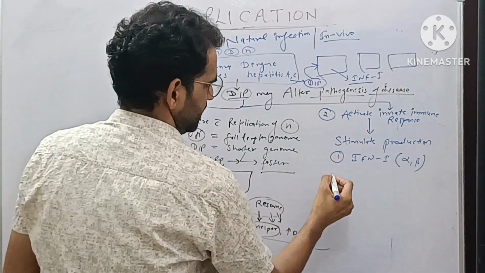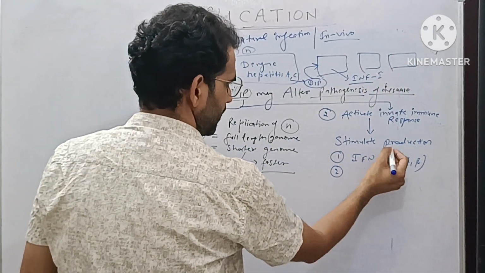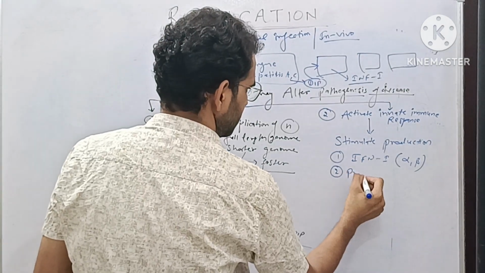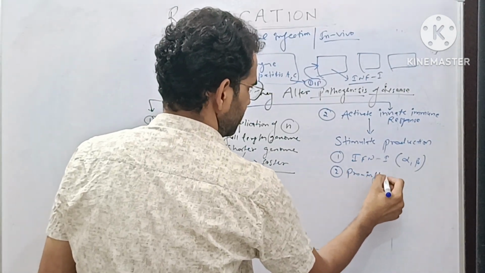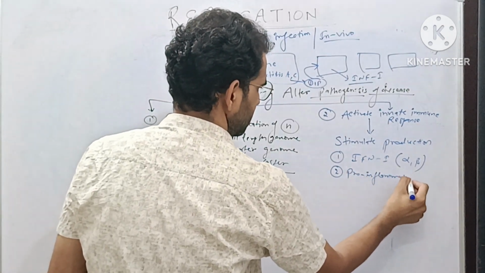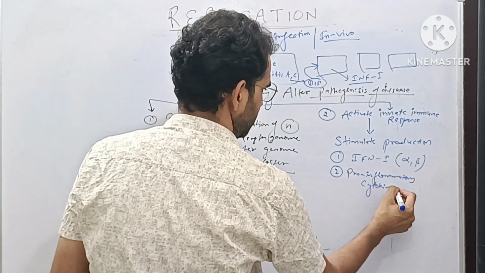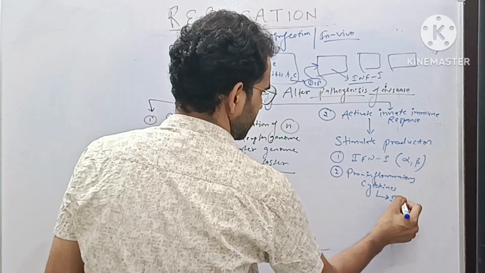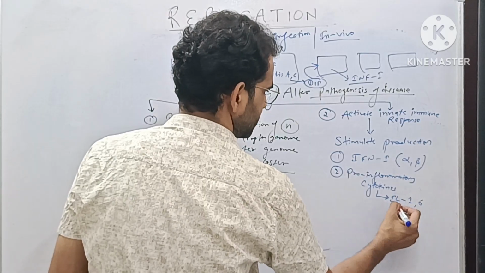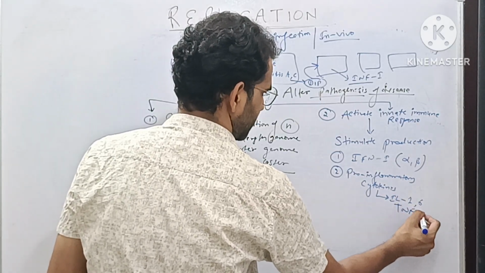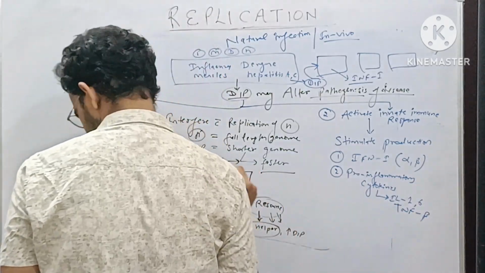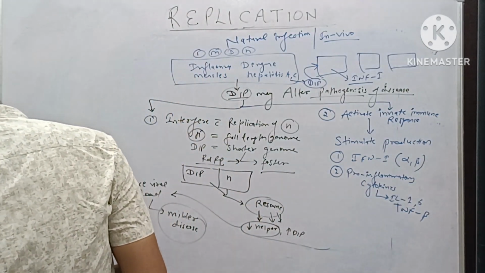Number 2, they stimulate the production of pro-inflammatory cytokines, for example interleukin 1, 6 and tumor necrosis factor, TNF alpha, not beta.